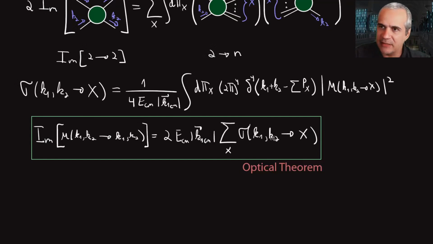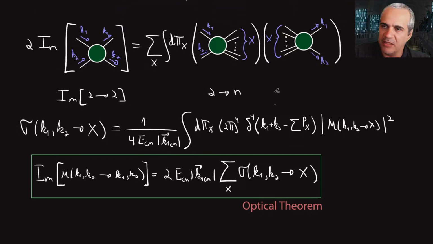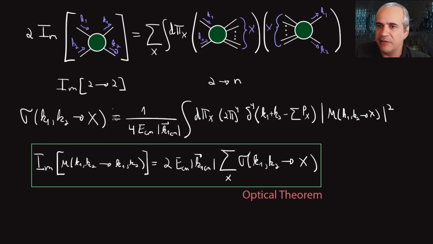Now, the fact that only these on-shell intermediate states are contributing to the imaginary part of the loops on the left here even give us a method for obtaining imaginary part of loops. Suppose you're only interested in the imaginary part, there's a shortcut you can take.